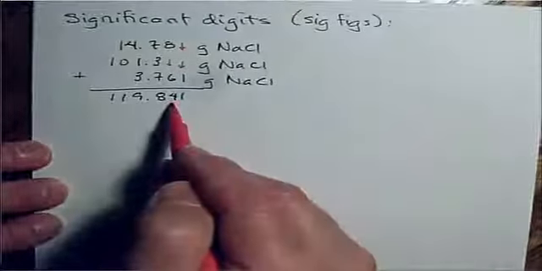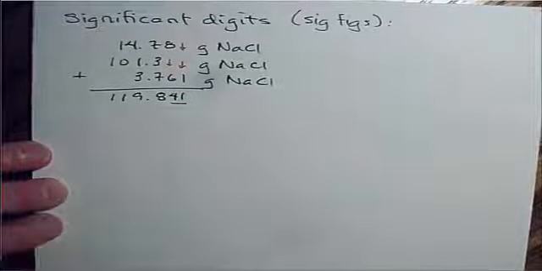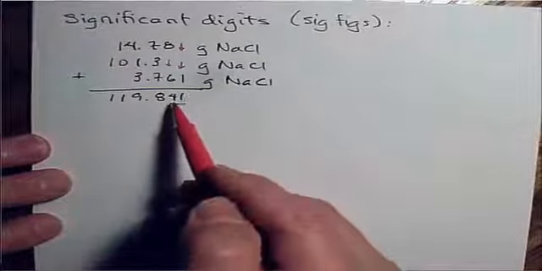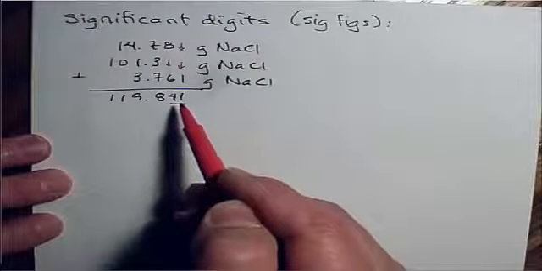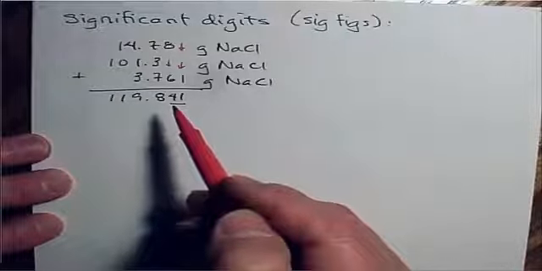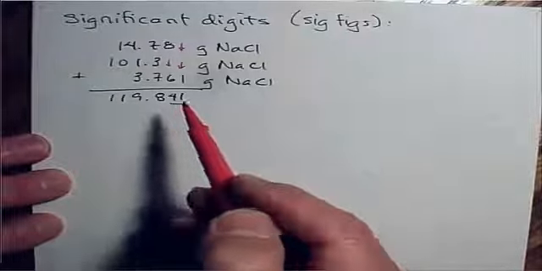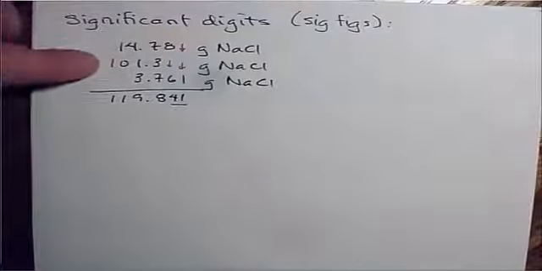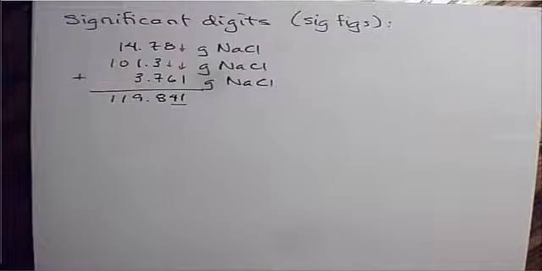And we show they're insignificant by underlining them. So when I write it down like this, I'm saying this digit, this 4, and this digit, this 1, both of these are insignificant. Okay, they really don't matter because we don't know what they would have been if we'd known what digits fit in here, if these two measurements had been measured to a greater degree of precision.